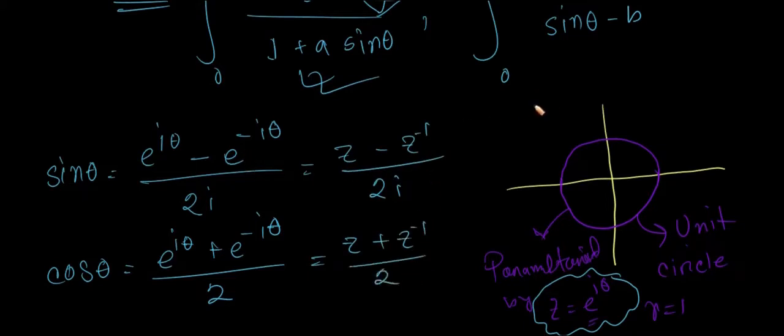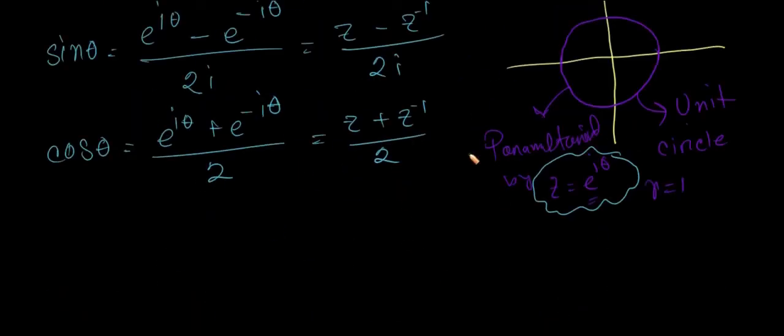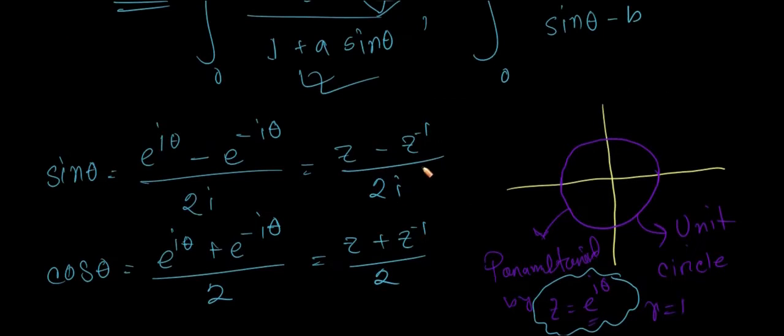Because 1 upon e to the power i theta is equal to 1 upon z, and that's just z inverse. So now we have promoted our integration variable theta into the z variable. That's the first thing to do: we are promoting our real variable into the complex variable.